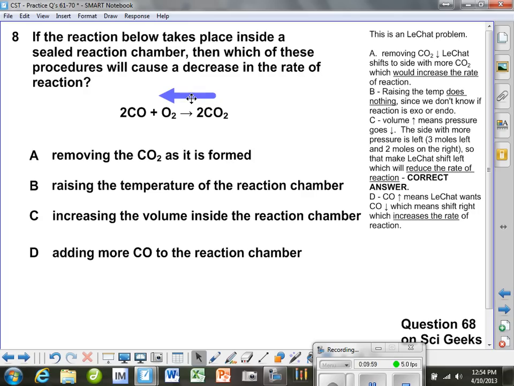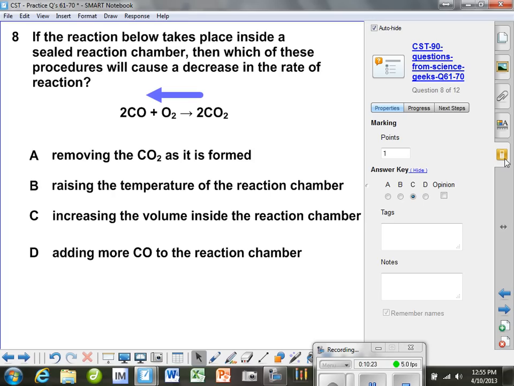I have the arrow here to say we want whatever we do to make the reaction go this direction, and that will decrease the rate of the reaction as written, which is moving to the right. So we want a left shift. Now when we remove carbon monoxide, Le Chatelier wants to make more. And if we look at our answer here, the answer is letter C.